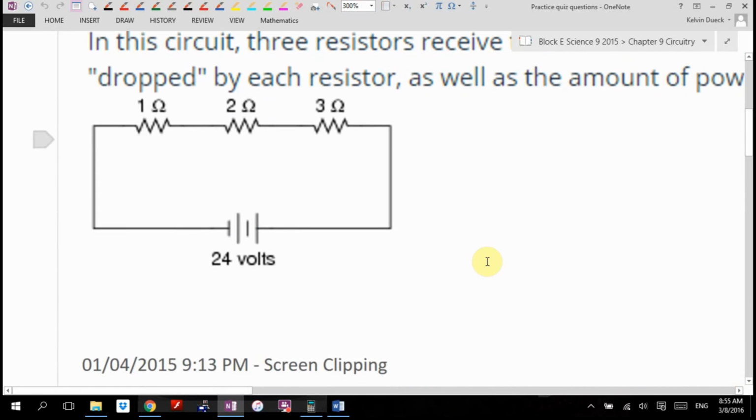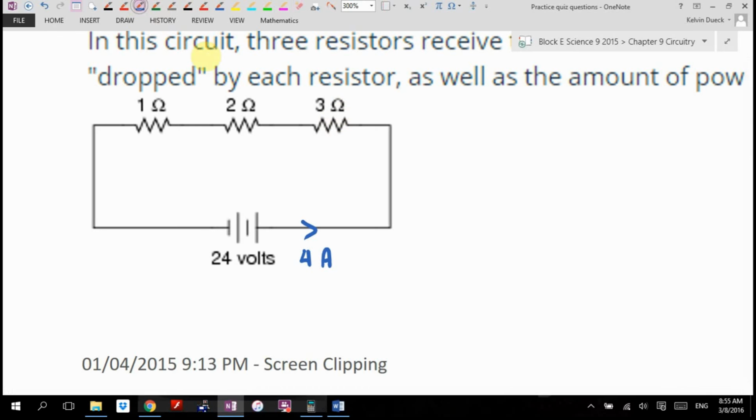Okay? Here's a circuit. Right now, we can't solve this circuit, but if I told you this was 4 amps, how many volts? Right?